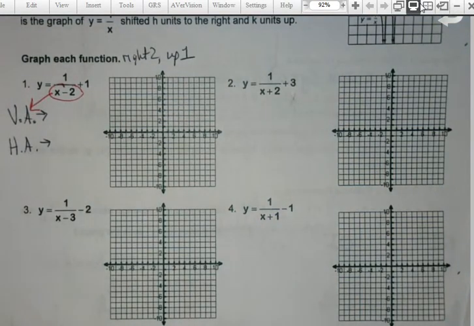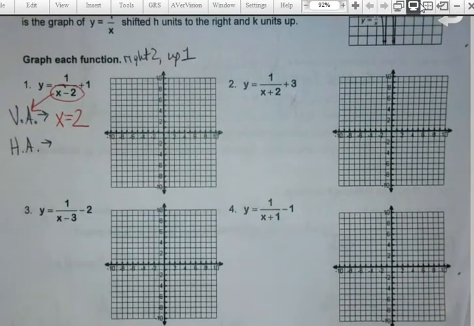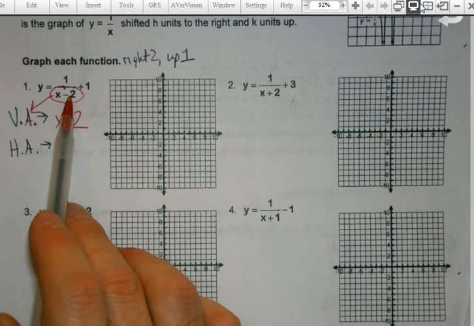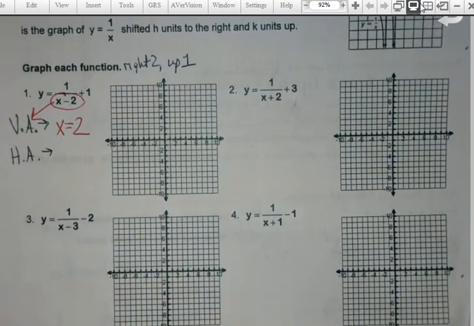So if I start at 0 and I shift right 2, my vertical asymptote will be at x equals 2. So you're like, so basically you're just saying whatever this is, you just do an opposite. It's almost like setting it equal to 0, and it is.